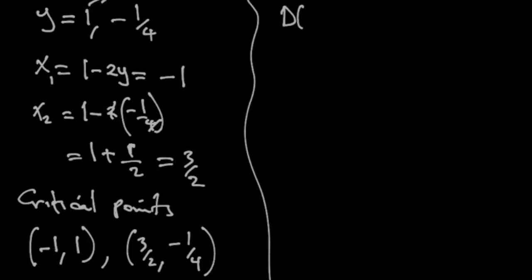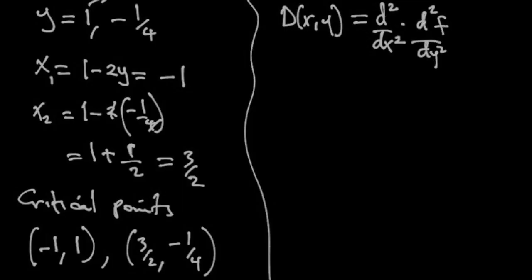What we will do is use the second derivative test to classify the function as a minimum, maximum or saddle. So we will have d squared f with respect to x squared times d squared f with respect to y squared minus the mixed partial d squared f over dx dy, squared. So let's find the second derivatives now.